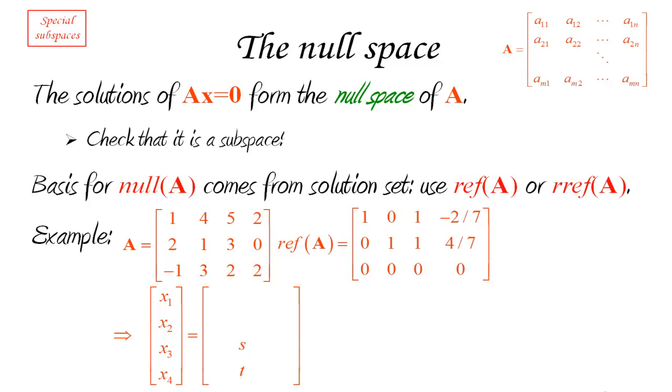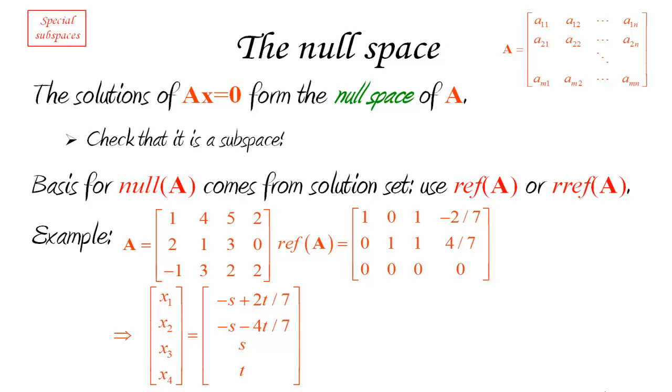From the first equation, we move the x3 and x4 to the other side, write them as S and T, and do the same for the second variable, and this is what you're going to get. I suggest that you pause for a second and check that you agree with me that that is the general solution of the system.